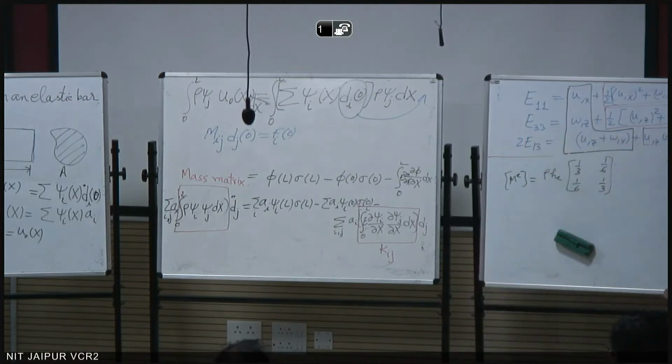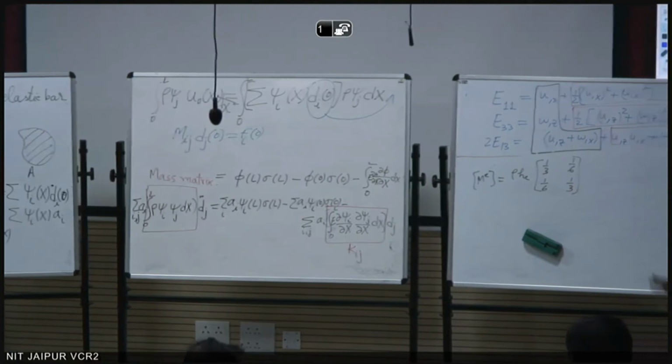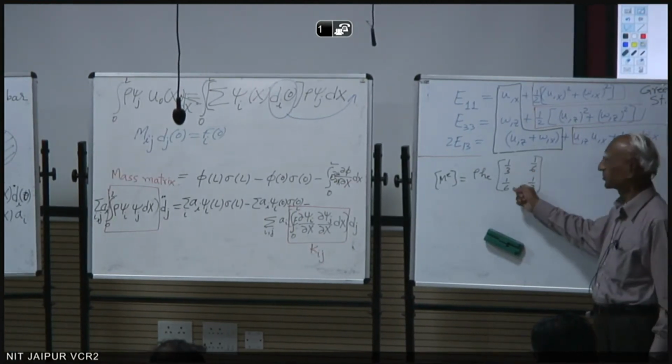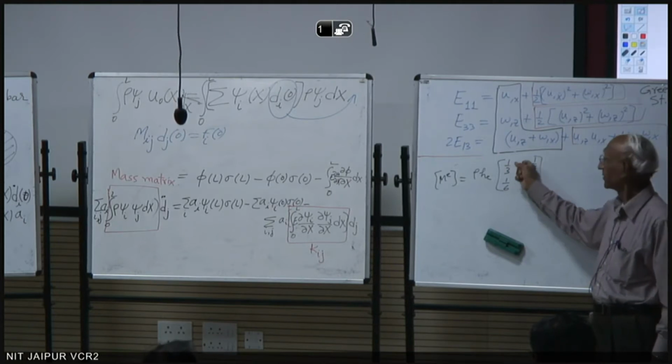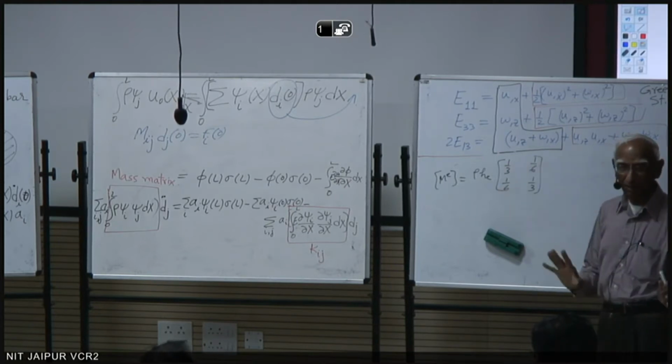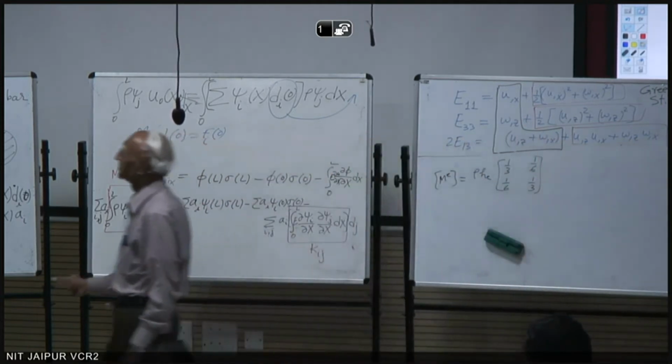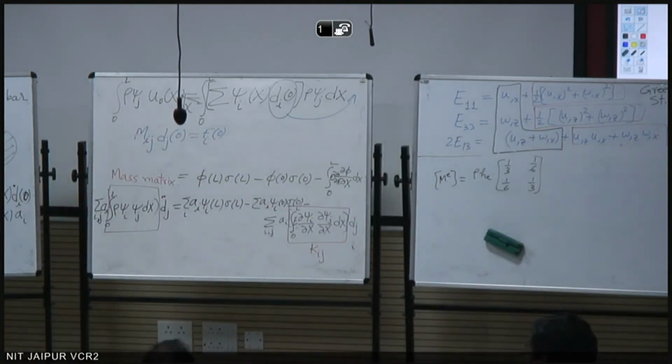If you add all 4 entries, 1/3 plus 1/3 plus 1/6 plus 1/6, you get 1. So the mass of the element, if you look at the length, is HE. Area of cross section has already been taken care of. So it should be rho times HE, and if you add them up, you get rho times HE.